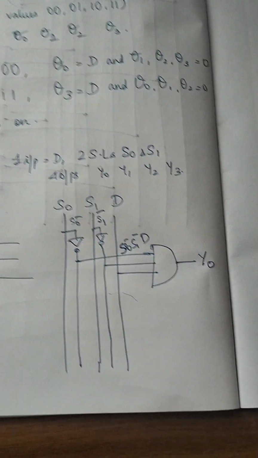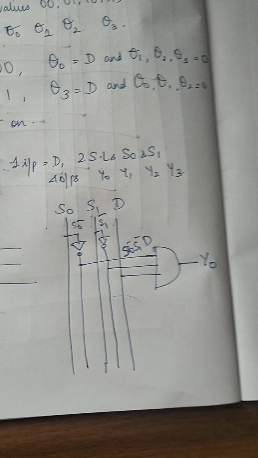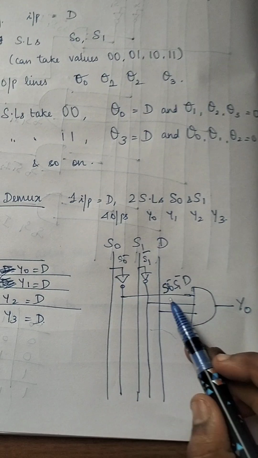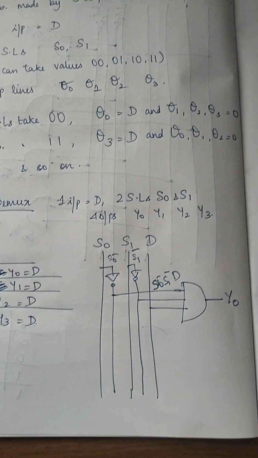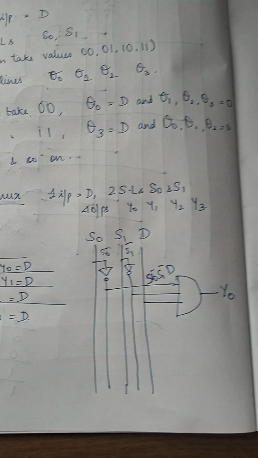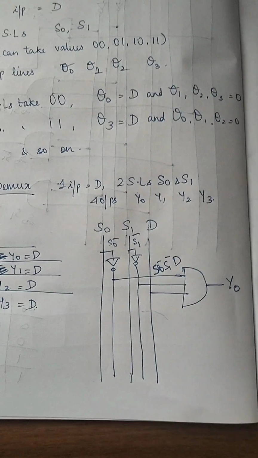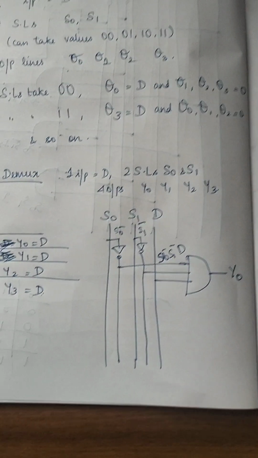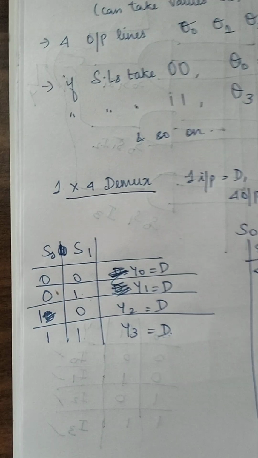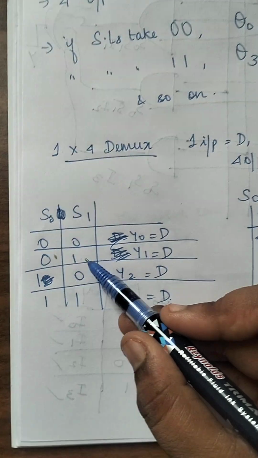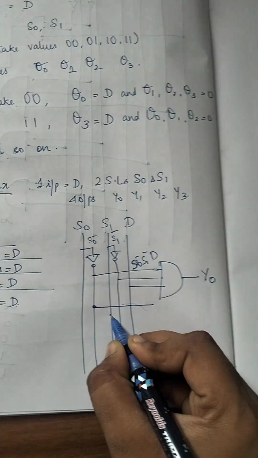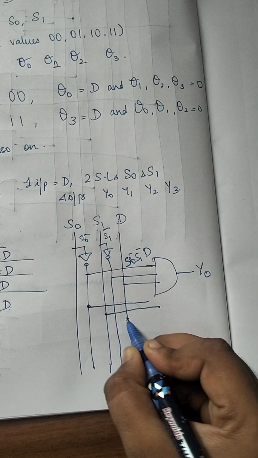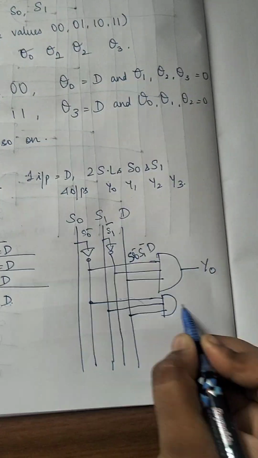And if things are not making sense to you, again I would urge you to pause the video and to draw a truth table for this expression and understand that when S0 and S1 are 0, your output will be equal to D, and for any other combination of S0 and S1 you will get a 0. Similarly for S0 0 and S1 1, the expression must be S0 dash, S1, D. Let's try that out. Connect.